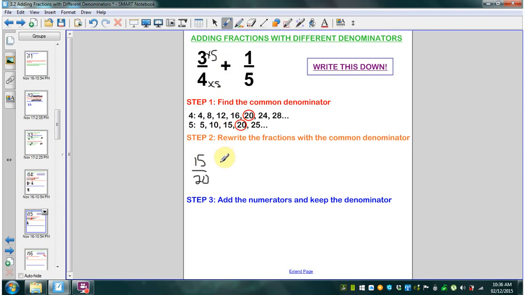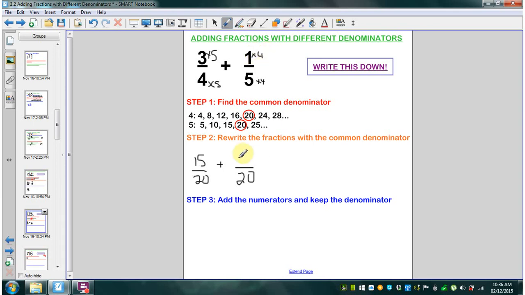Bring down our plus. We need this to become 20 so that we have the same number on the bottom. To get 5 to become 20, we multiply it by 1, 2, 3, 4. 5 times 4 is 20. But whatever we do to the bottom, we got to do to the top. So we multiply our top by 4 as well.